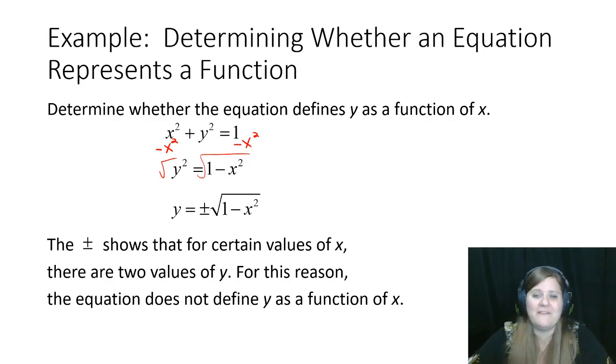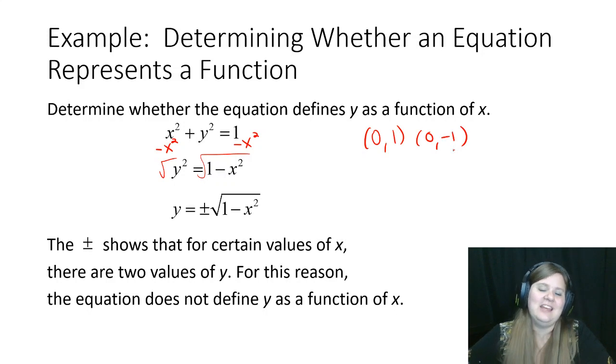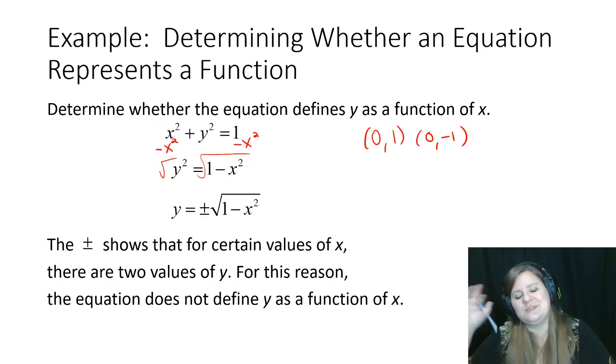So, for example, if I have x equals 0, I could get 1, or I could get negative 1. And so for that x value, there's more than one y value. Not a function, therefore, I can't write f of x equals.